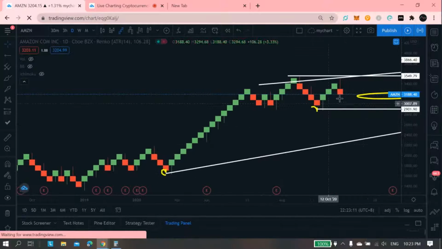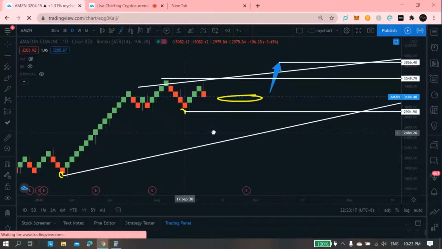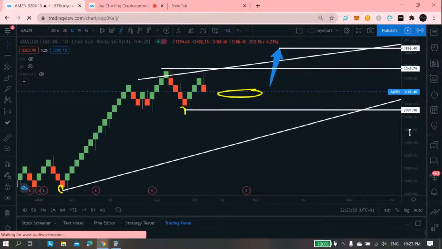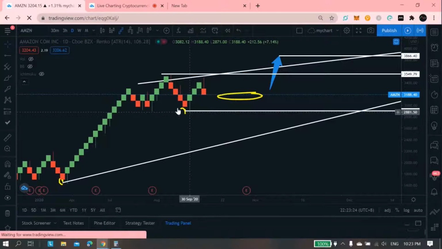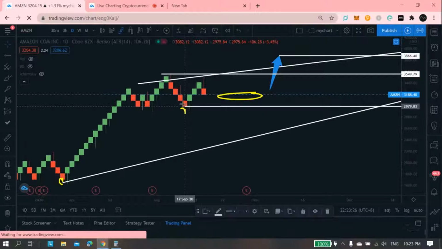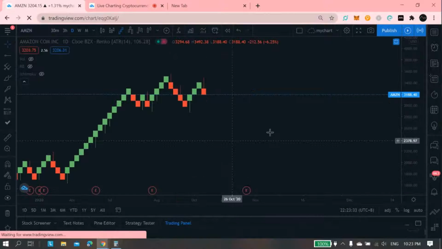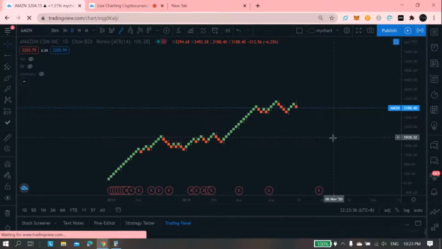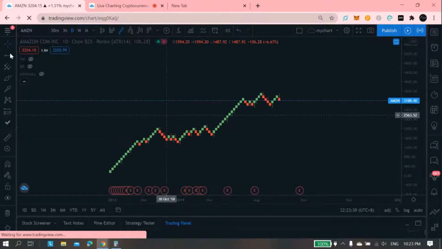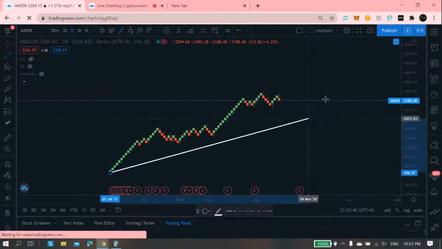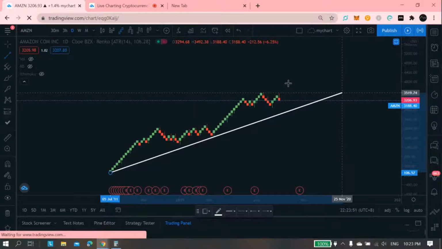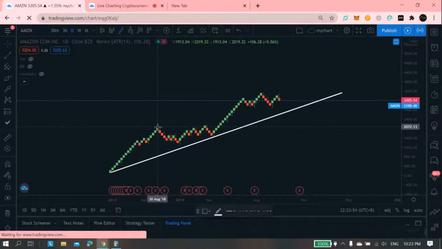However, if you use the Renko, it's actually a bearish 3-1, but still the same possible support and resistance. Wait, let's look at this one.